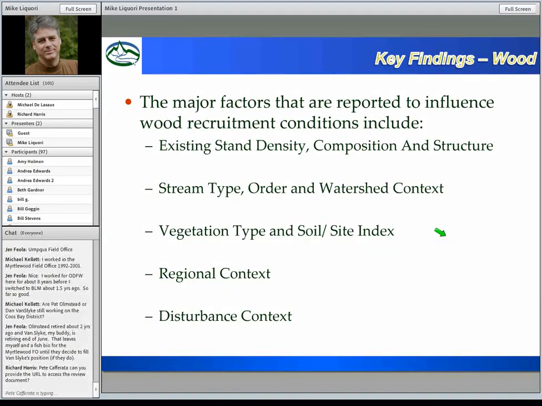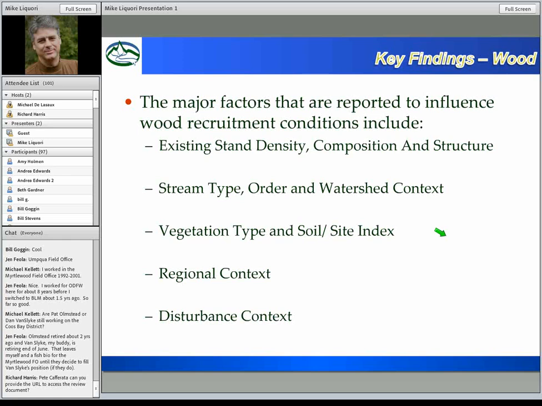The other major factors that are reported to influence wood recruitment include things like the existing stand density, composition, and structure. So this kind of goes back to some of the work that was done in the 1990s by Chad Oliver and Bruce Larson that looked at different phases of mortality.